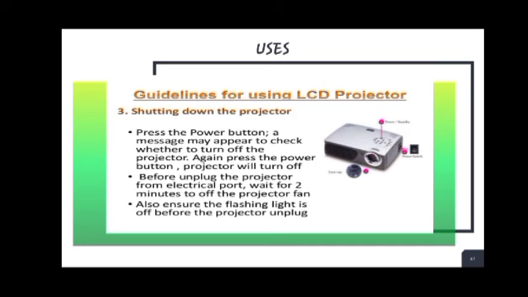A message may appear to check whether to turn off the projector. Again, press the power button. The projector will turn off. Before unplugging the projector from the electrical port, wait for 2 minutes for the projector fan to turn off. Also, ensure the flashing light is off before unplugging the projector.